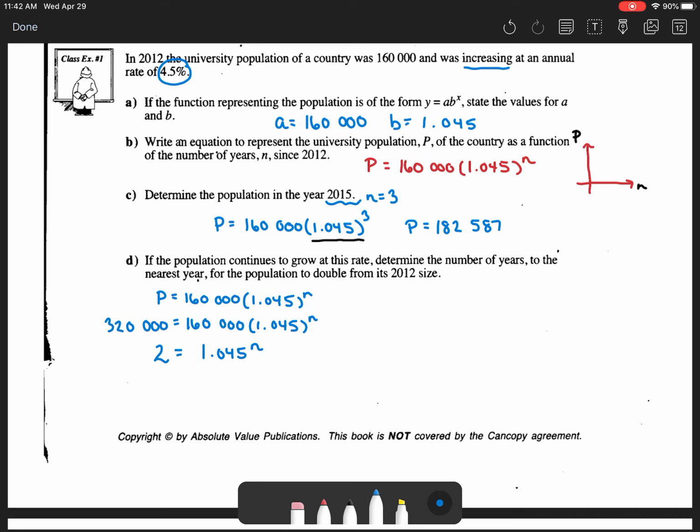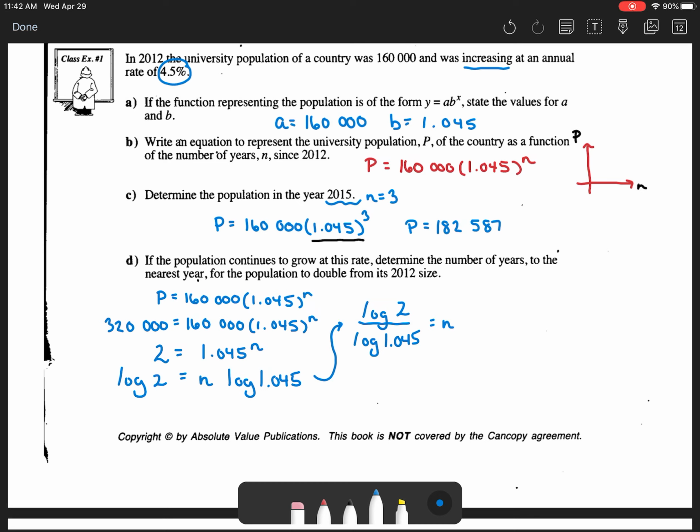So now we can use our laws of logarithms to solve for n. So I go log 2 is equal to n times the logarithm of 1.045. And therefore now I just divide both sides of the equation by the logarithm of 1.045, and that will isolate n, which is what I'm after.